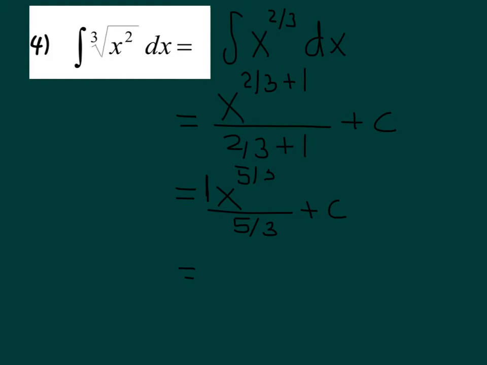So let me show you that we want to divide 1 over 5/3 in order to find the coefficient of x. So I'm going to do this right here because I want to make sure that is clear for everybody. So let me write it. We're going to do 1 over 5/3.